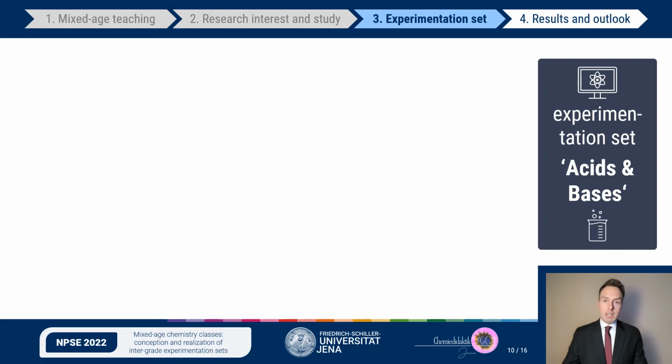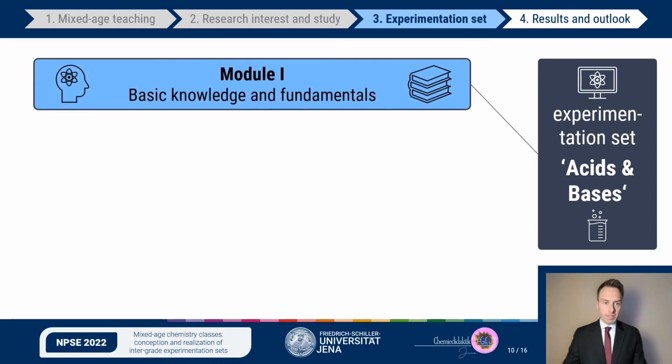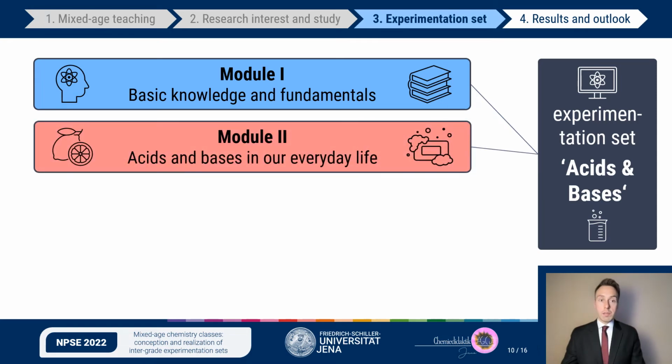The exemplarily developed subject area is divided into a total of 4 modules, each with a thematic focus. Module number 1 is a theory module in which basic knowledge and fundamentals are to be laid. Module number 2 deals with the topic of acids and bases in our everyday life and thus establishes a direct link to the students' living environment.